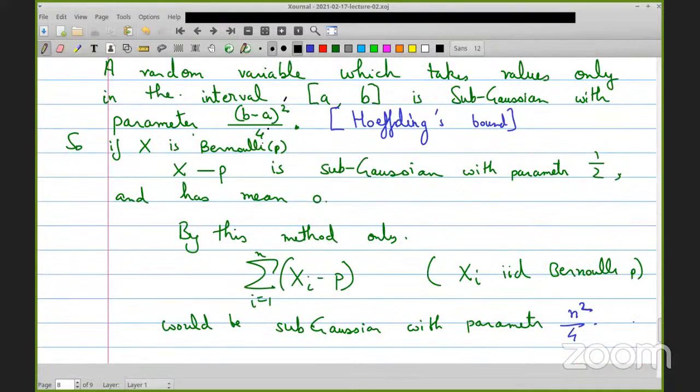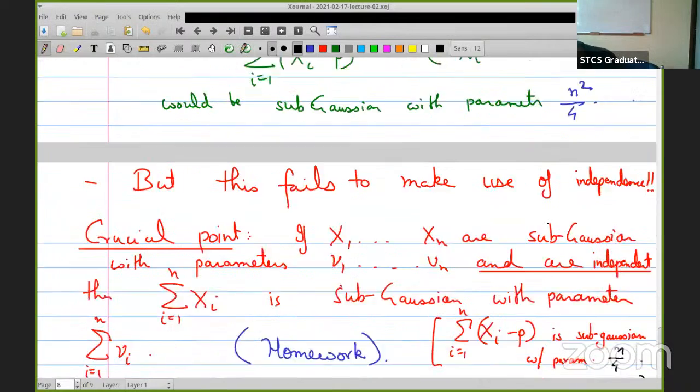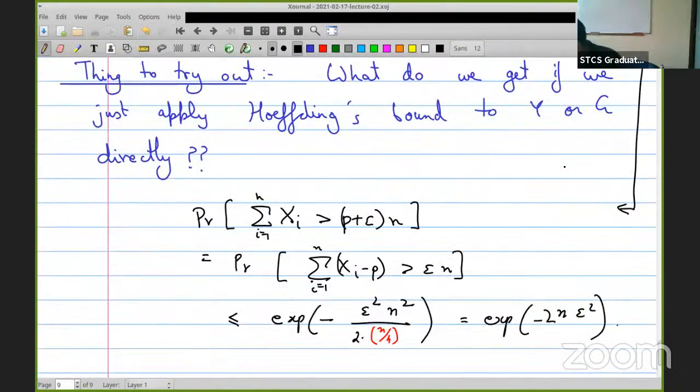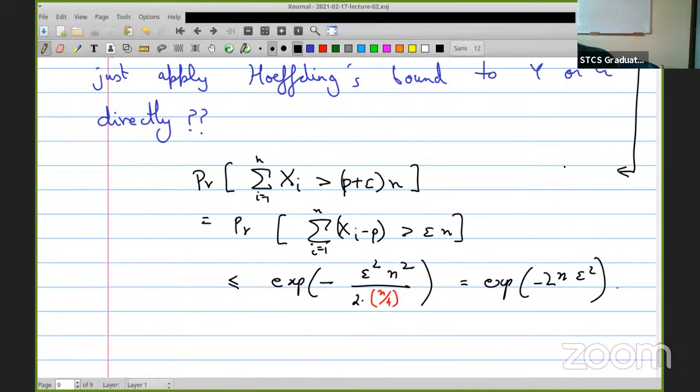Oh, okay. I used the actual Hoeffding bound, which is actually 4. It will probably be just 2, but the 4 is not so important. The point is that the square is important. It depends on which proof I use. Arguably the simpler proof gives you (b minus a) squared by 2, and the slightly more complicated one gives 4.